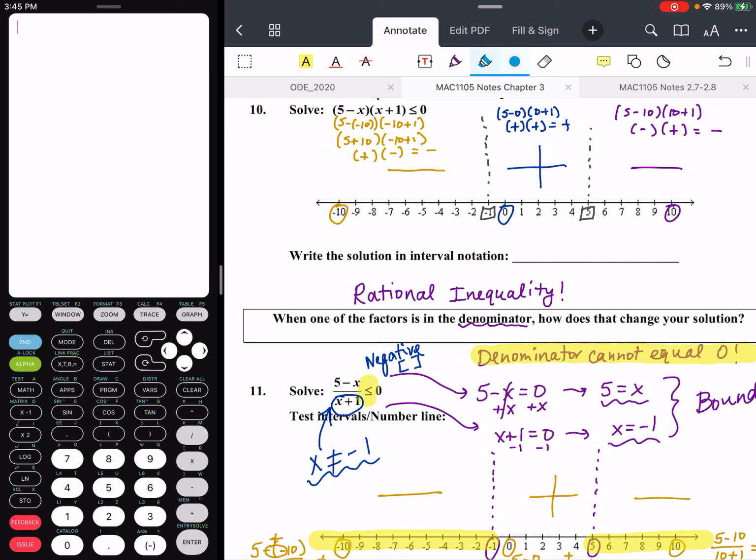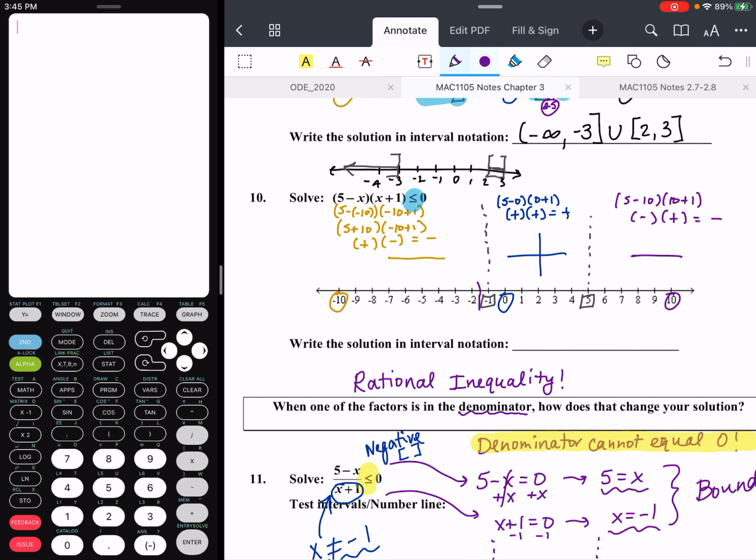All right, so I want 5 minus x times x plus 1 to be less than or equal to 0. Values that are less than or equal to 0 are negative. And for less than or equal to 0, because there's that equal to bar, I'm going to be using square brackets here. So I'm going to be picking out the negative intervals.